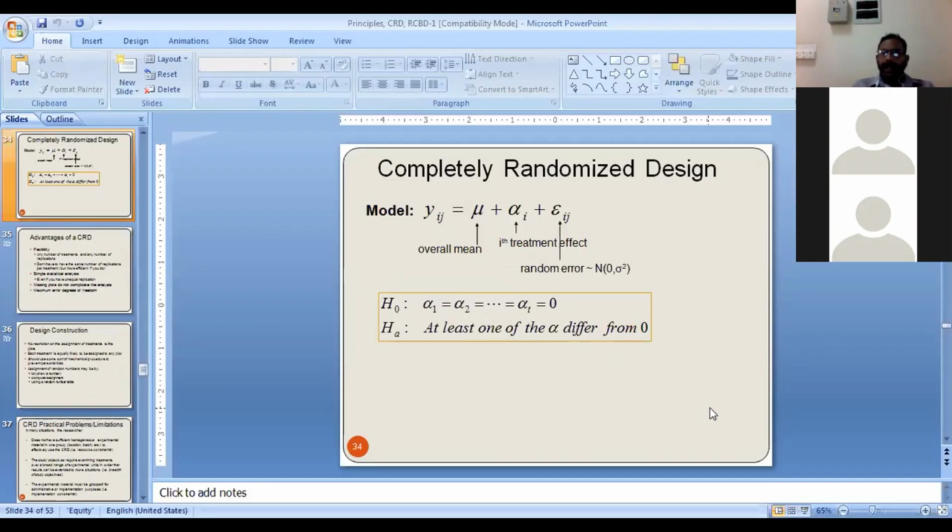Yij, right? We mentioned the units or the digits. What is this i?